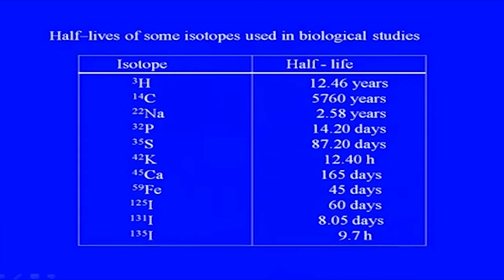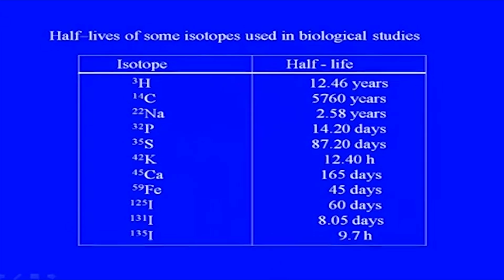All right, this table gives you half lives of some isotopes which are used frequently in biological study. For example, 3H has a half life of almost 12.46 years. Now, 14C has a very long half life of approximately 5760 years. Na22 has a half life of 2.58 years, 32P is 14.2 days.